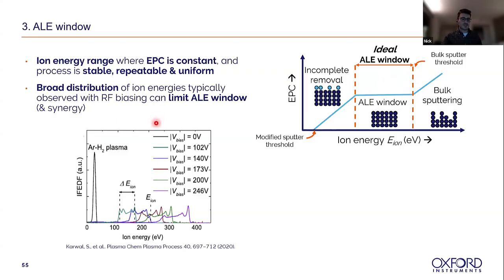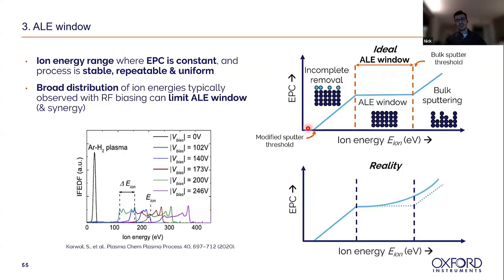One of the problems is that our ion energy distributions are never perfectly monomodal. They're not a single ion energy. The RF biasing that's typically used in ALE has a very broad ion energy distribution, and it gets worse as you go to higher energy. We can see that in this figure in the bottom left. As you increase the bias voltage, we get broader and broader ion energy distributions.